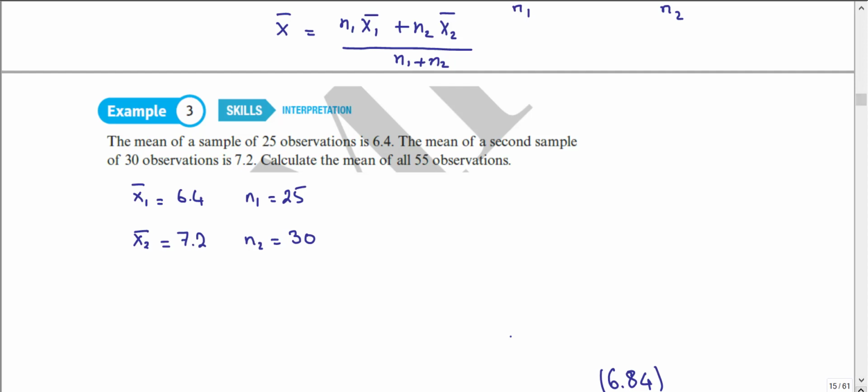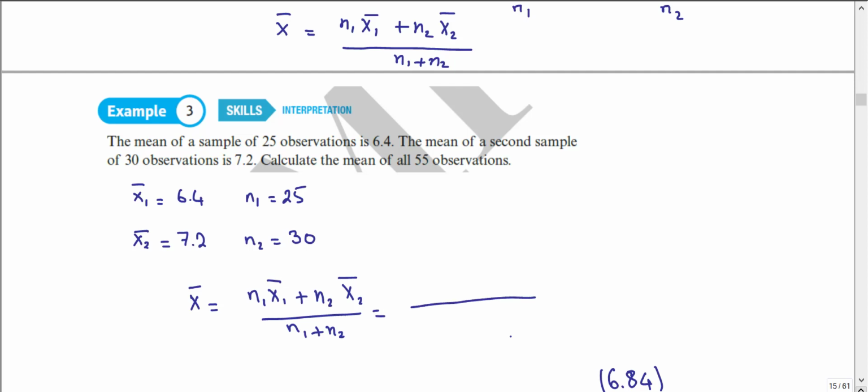How to find it? We use the rule: n1 x1 bar plus n2 x2 bar divided by n1 plus n2.